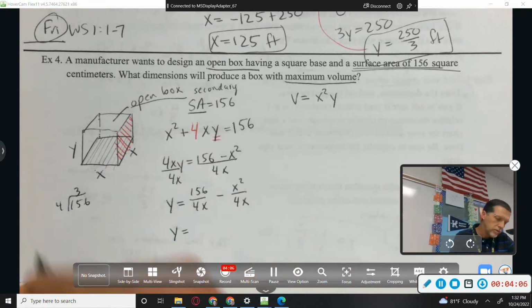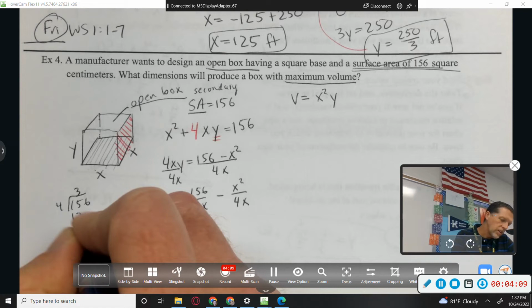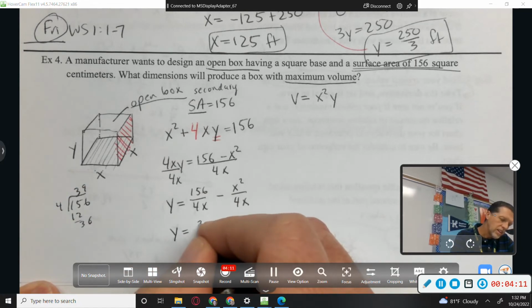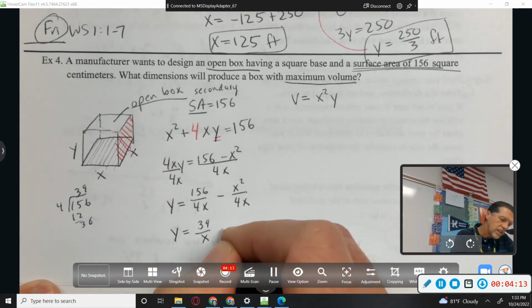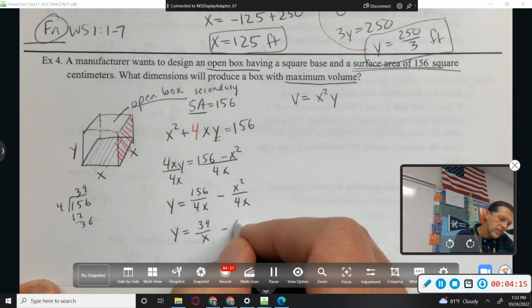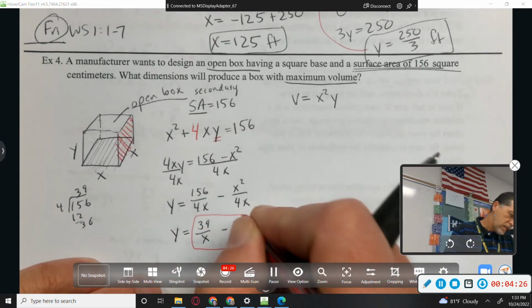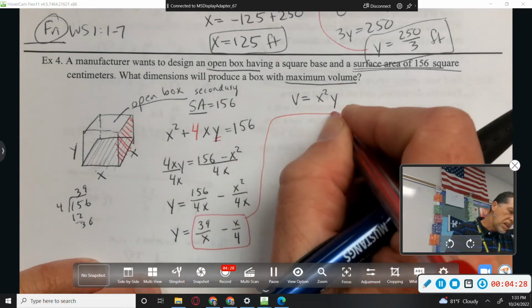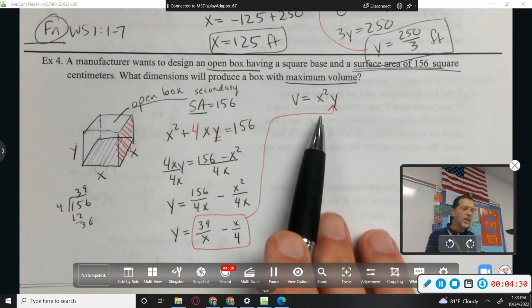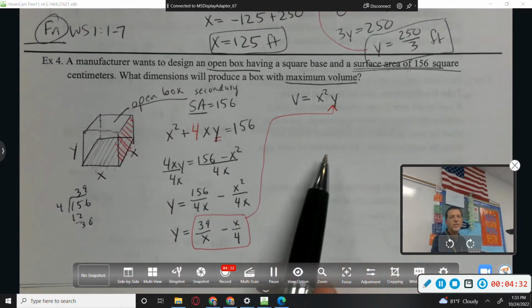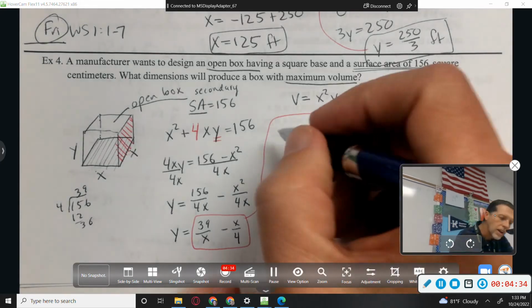Old school, elementary school division here. 39. 39 over x minus x over 4. Okay, not the prettiest thing, but way better than trying to solve for x. And if we had solved for x, we'd have to square it, so that would have been yuck. So definitely the right choice to solve for y.